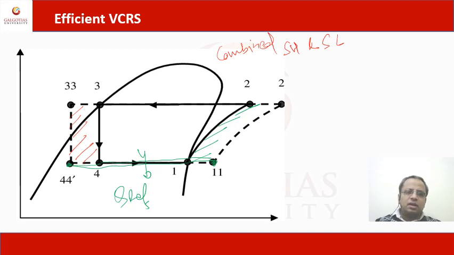So we can say this is the efficient VCRS system, or the higher COP VCRS system. For industrial application and for low cooling generation, this system is very useful.